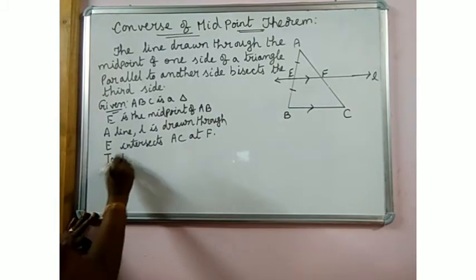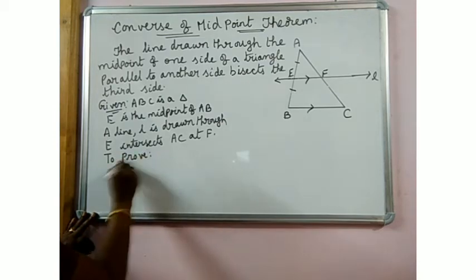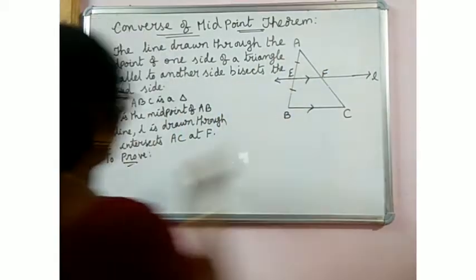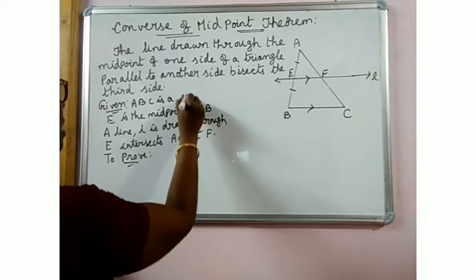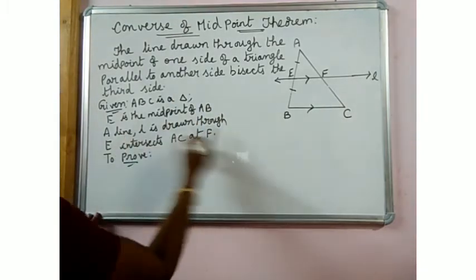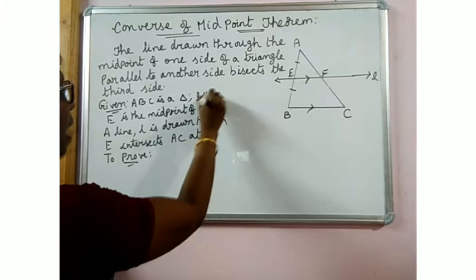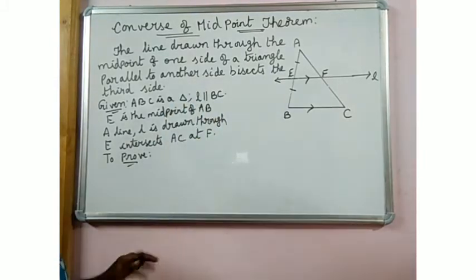And you have to prove that AF is equal to FC. Also it is given that L is parallel to BC. Line L is parallel to BC.